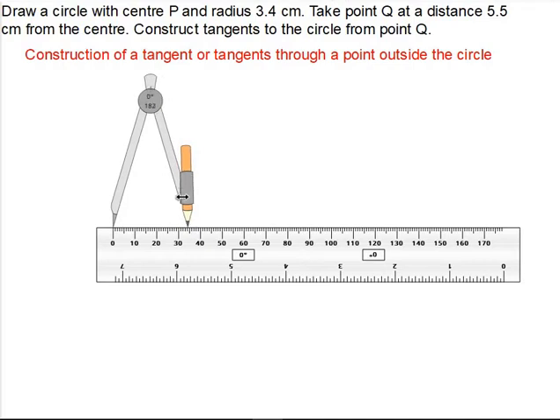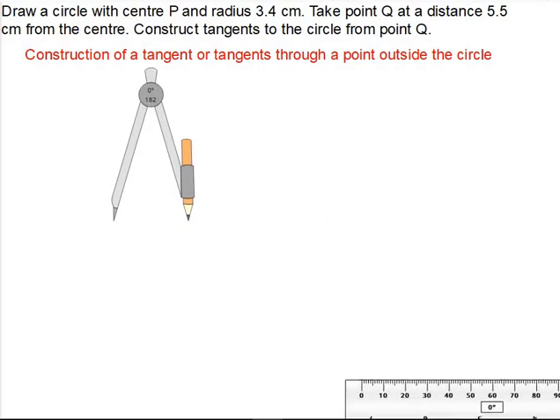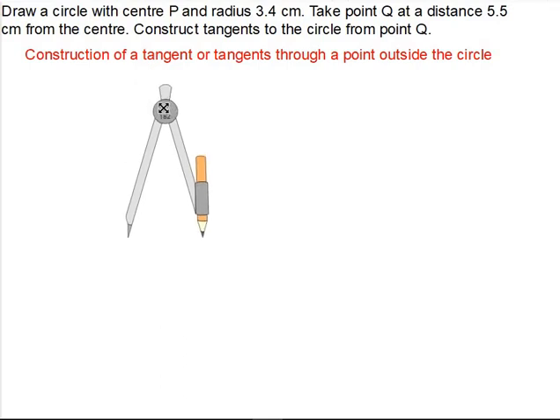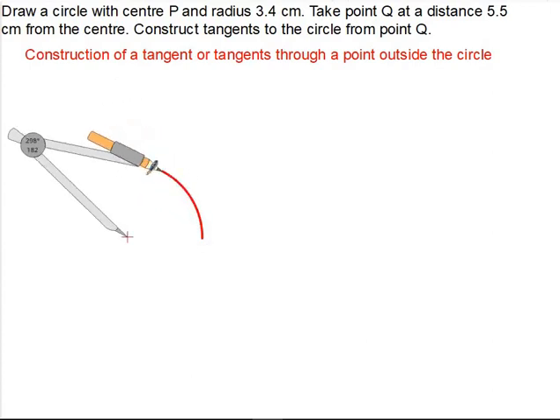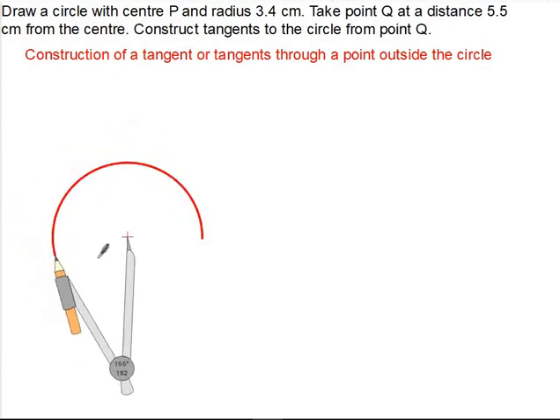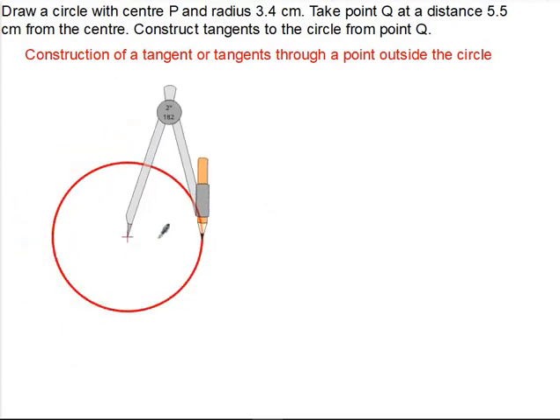You can see here I am taking distance 3.4 centimeters. Draw a circle with radius 3.4 centimeters. We follow the instructions given in the question.